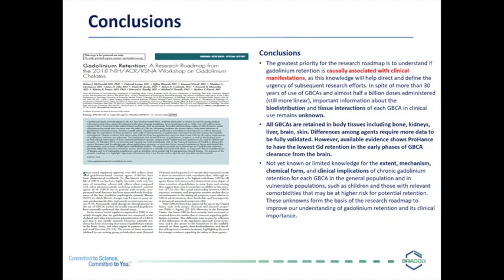However, available evidence on the dynamic gadolinium retention process so far shows ProHance to have the lowest gadolinium retention in the early phases of GBCA clearance from the brain in animal studies. The form of retained gadolinium-containing species is still unknown, as well as how it may change over time in different tissues. So far, beyond NSF, gadolinium retention has not been associated with any damage to any involved tissues or any clinical adverse effect. All the unknowns, including mechanism, form, extent, and clinical implication, form the basis of the research roadmap to improve our understanding of gadolinium retention and its clinical importance.